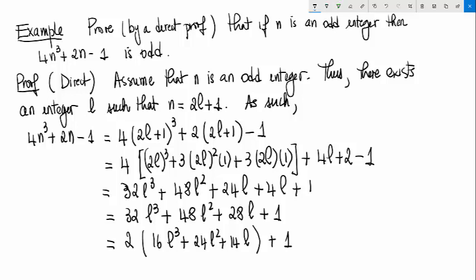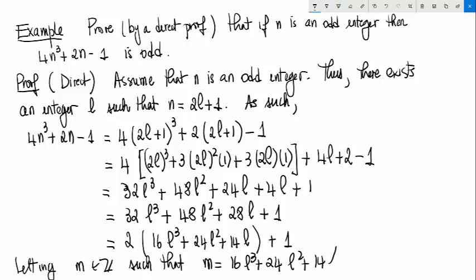So letting m be an integer such that m is equal to 16L cubed plus 24L squared plus 14L, then we obtain that 4n cubed plus 2n minus 1 is equal to 2m plus 1.